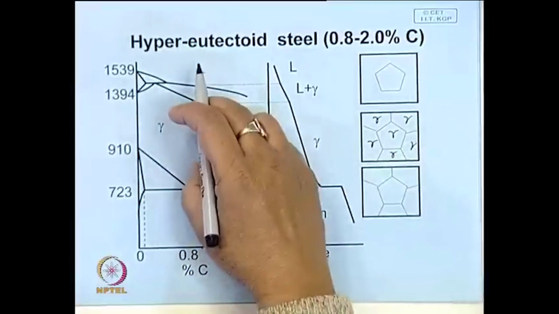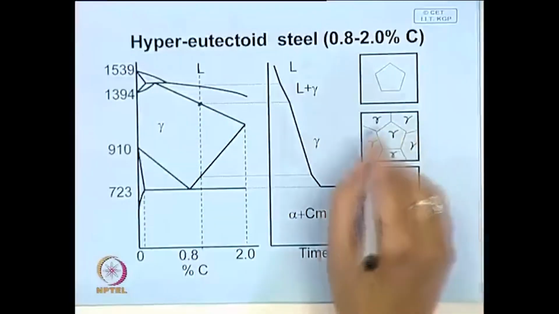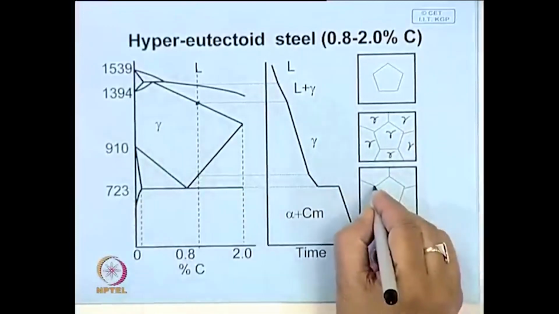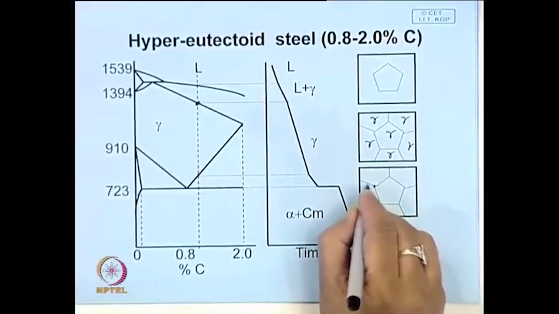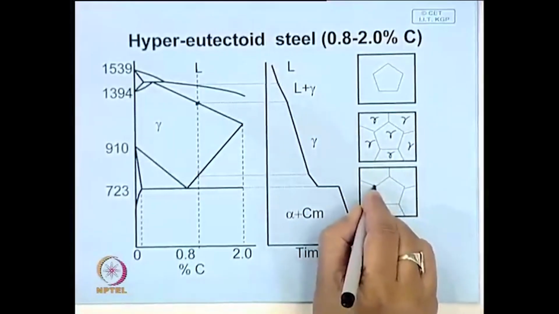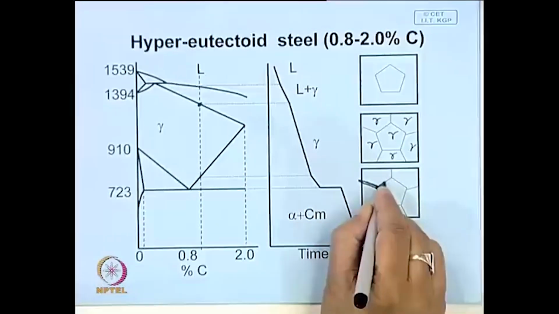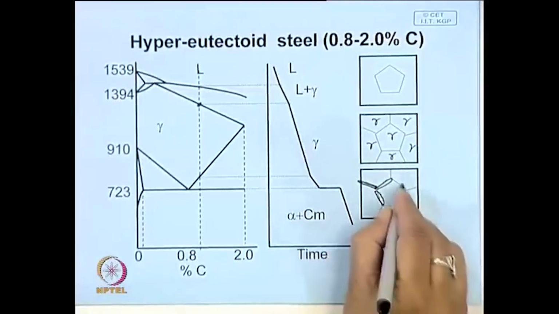In this temperature region the solidification is complete, you have austenite. So, these are the austenite grains, and when cementite starts precipitating out, it always forms along the grain boundary, it is a tendency of cementite. So, it is possible that you will get the cementite forming in this grain boundary region.